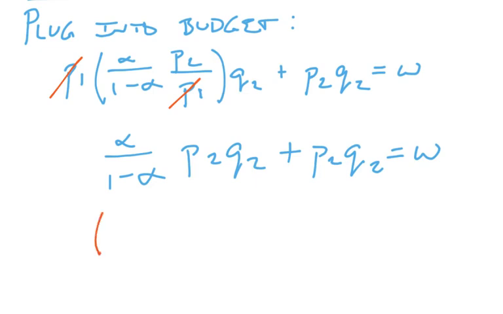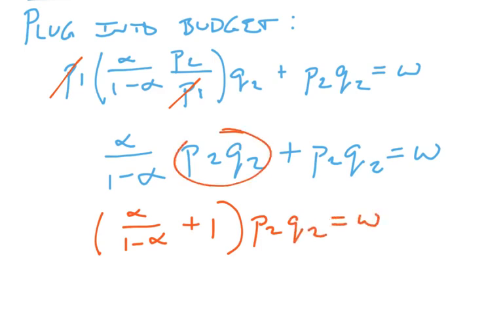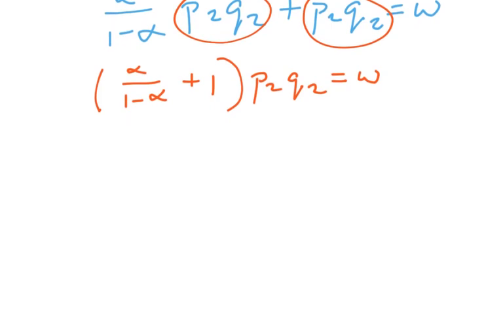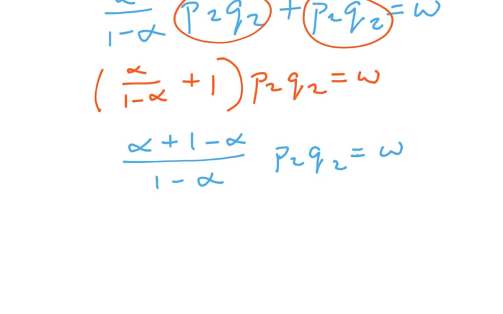So what I'm left with is alpha over 1 minus alpha plus 1, times P2 Q2, should be equal to W. Now just simplifying this fraction, I'm going to have alpha plus 1 minus alpha over 1 minus alpha, P2 Q2, should be equal to the consumer's wealth. And upstairs in this fraction, I've got cancellation.